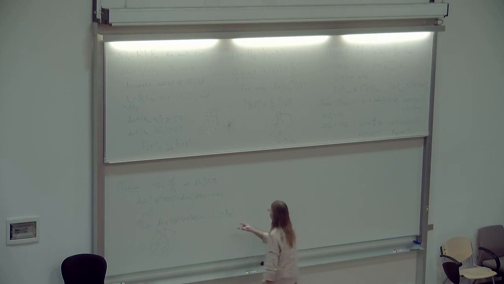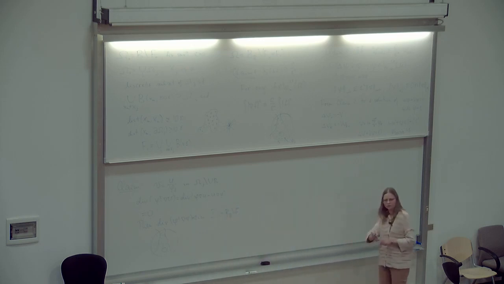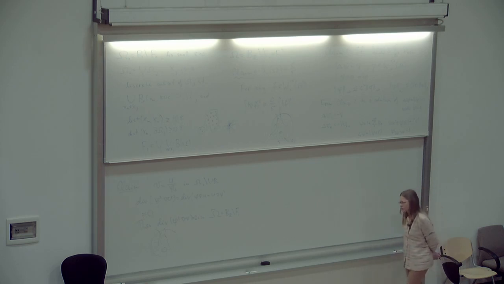Now I will say that I can go across those, so this is actually in B_R minus the balls that we created. We can extend this as a solution across the 0 lines of the function.